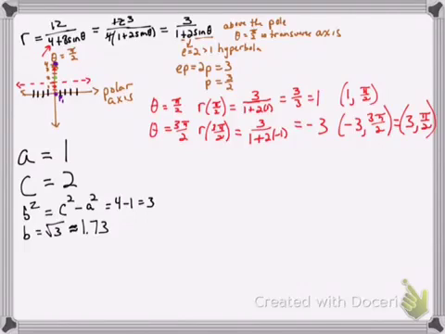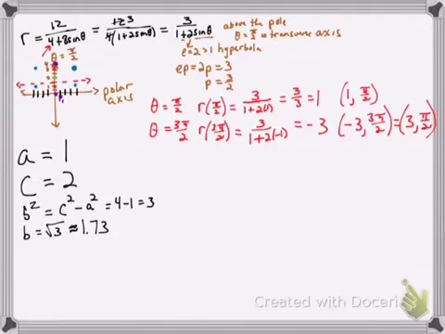We went up 1 and then over 1.75. So that's approximately here. Then we'll do the same thing on the other side, about here. Then we also have to go down that amount along the side of the other vertex.